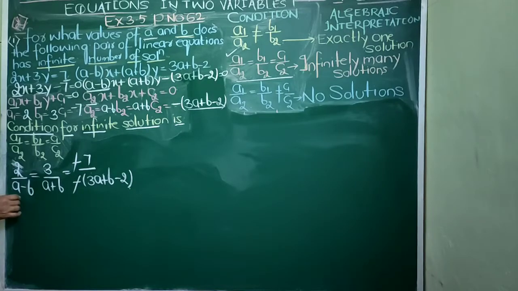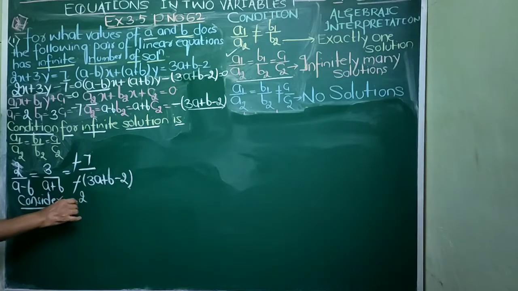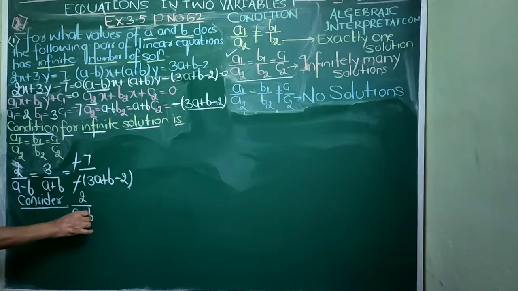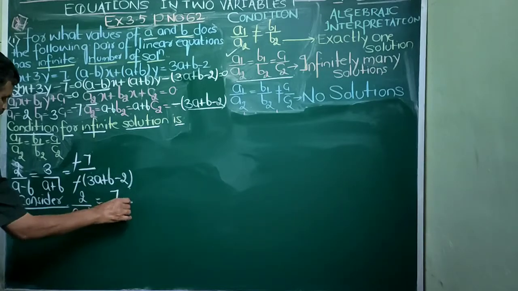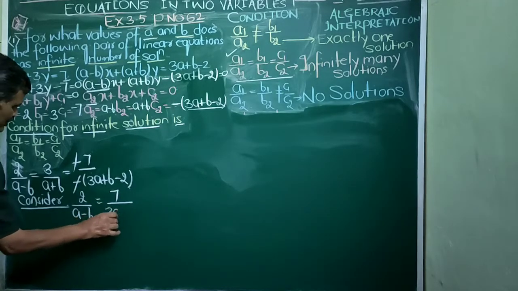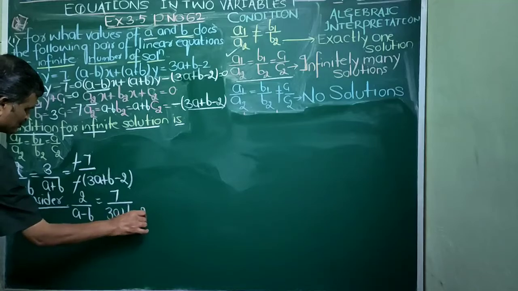Now for the first time I will consider these two, first and the last, and next time I will consider the second and the third. So I will consider this one. What is it? 2 by A minus B is equal to 7 by 3A plus B minus 2.